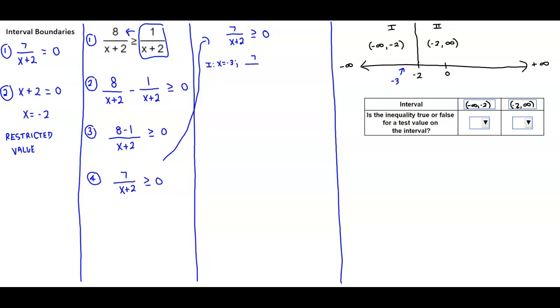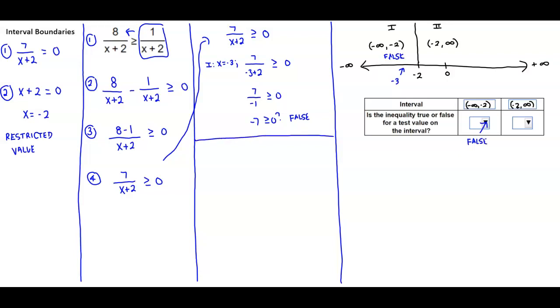So it's going to be 7 over negative 3 plus 2. We want to determine if that's greater than or equal to 0. Well, negative 3 plus 2 is negative 1. 7 divided by negative 1 is negative 7. And so is negative 7 greater than or equal to 0? Well, the answer is false. So we know it's false for region number 1. So here, this would be false.